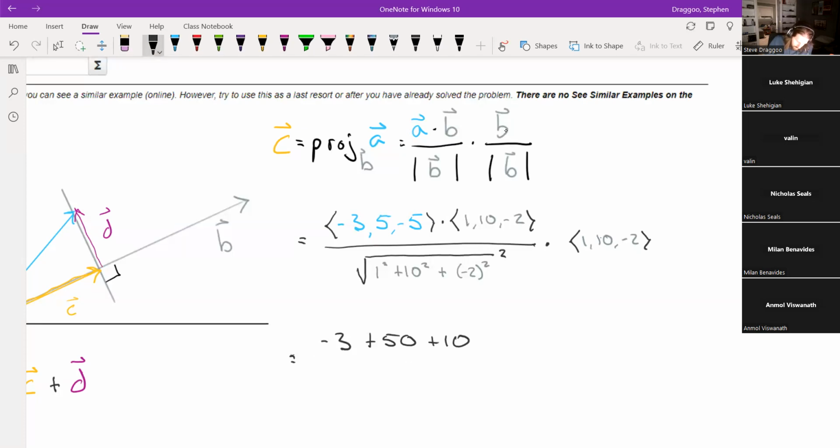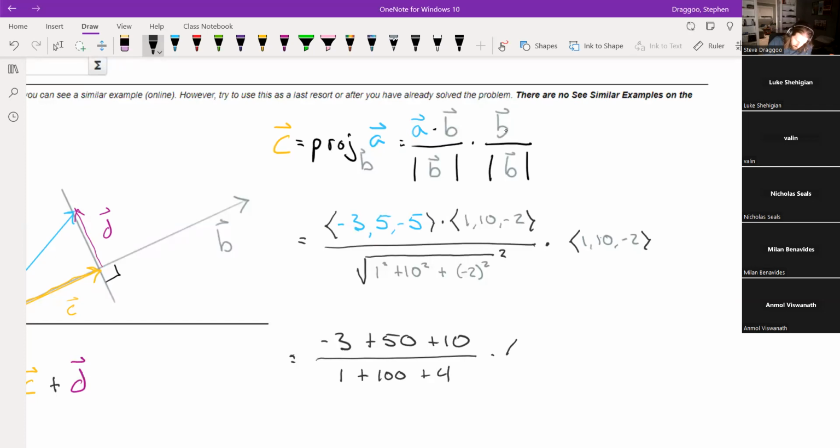Divided by, down below, I have the square root squared, so those two parts will annihilate with one another. Although, no, we don't even need to worry about an absolute value, because we already know that our inside is positive. 1 squared is 1, plus 100, plus 4.